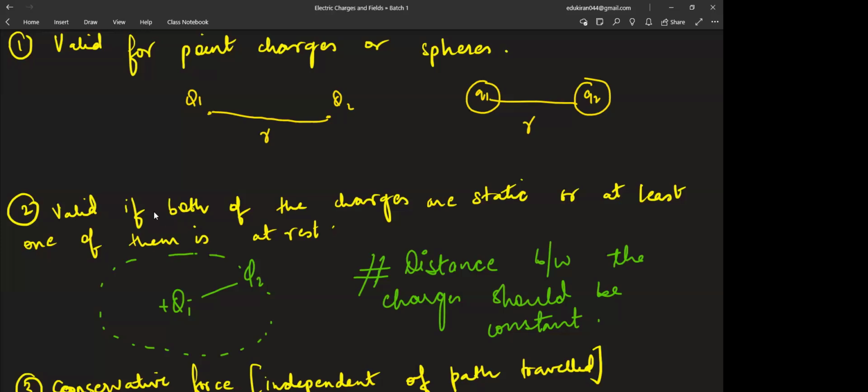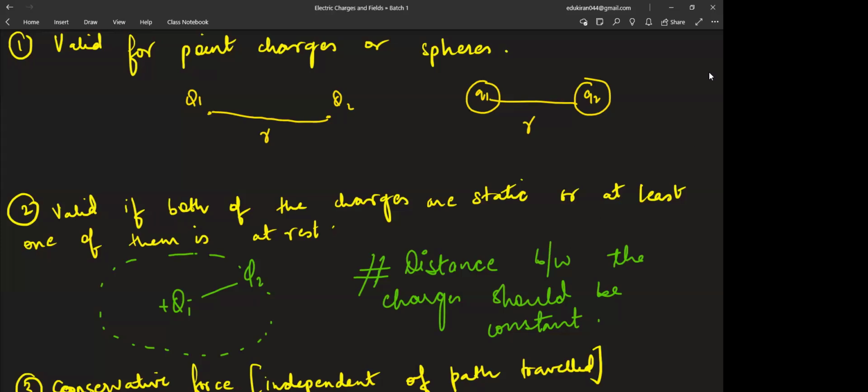If both the charges are at rest, both static, that's the best case. But if one of the charges has to move, the other has to remain at rest. If both the charges are moving, that's not a case of electrostatics. It's a case of electrodynamics and Coulomb's law isn't valid. So one charge would be at the center, and the second charge should be revolving around it.